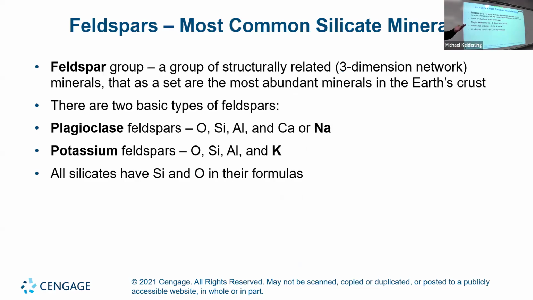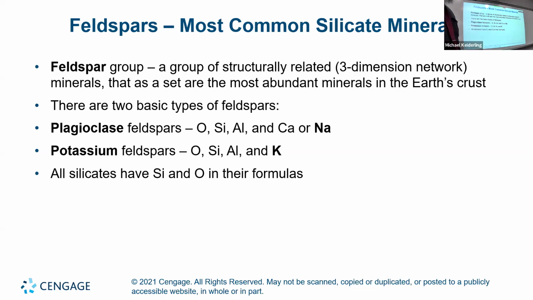The most common silicon minerals are the feldspars. These are a group of structurally related, 3-dimensional network minerals that are the most abundant minerals in the Earth's crust. There's 2 basic types of feldspars. There's the plagioclase feldspars, which have oxygen, silicon, aluminum, and calcium or sodium, and the potassium feldspars, which have oxygen, silicon, aluminum, and potassium.